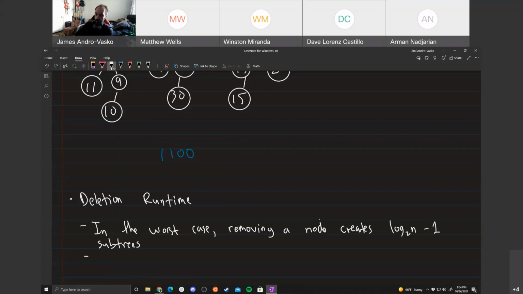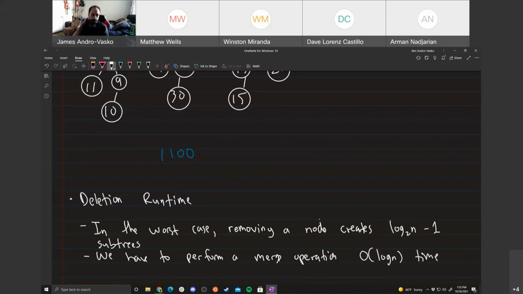Another worst case scenario is that we have to perform a merge operation of O of log n time. In some instances, we're going to have to keep merging other trees together and cause all kinds of mayhem, which I'll have to go through my notes on.